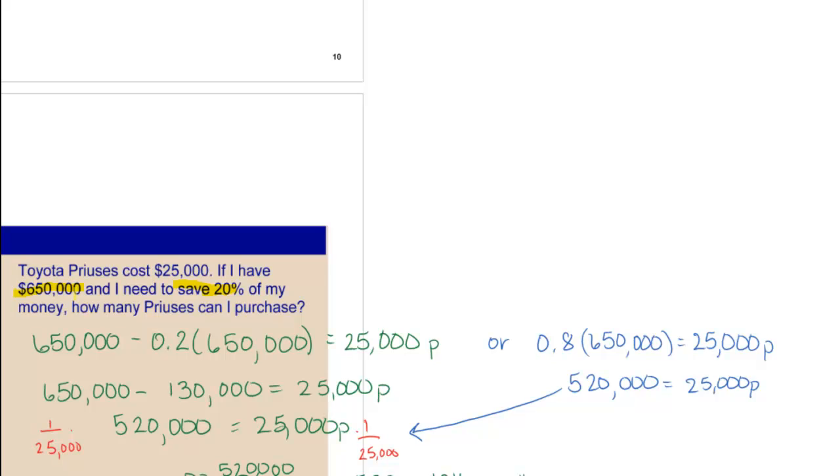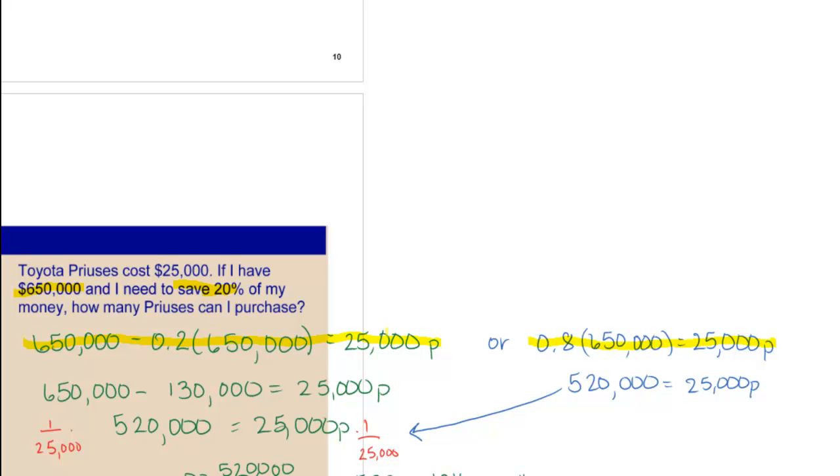I can either say I can only use 80% of my money, and then I can see how many Priuses I can buy if they're $25,000 each, or I can set it up as $650,000 minus 20% equals the amount of money I can spend, and we're going to see how many Priuses I can buy at $25,000 each.